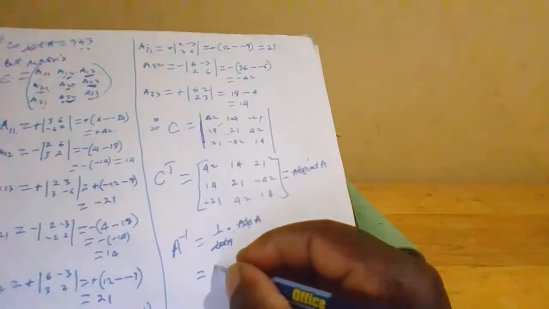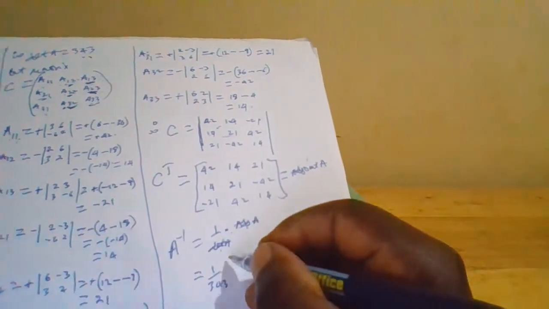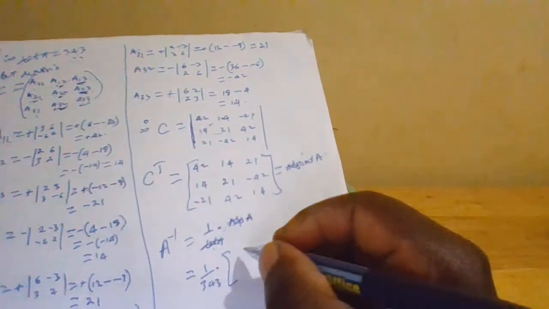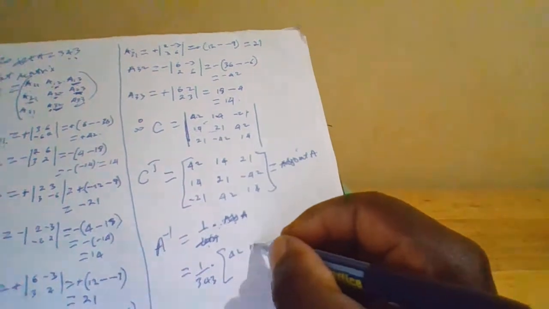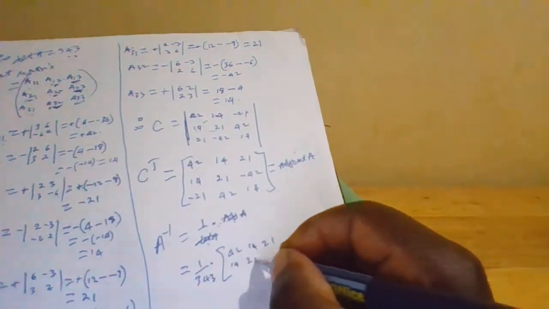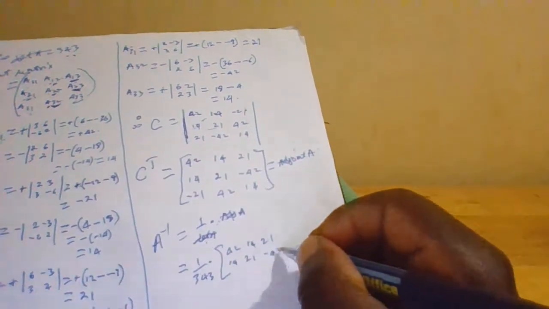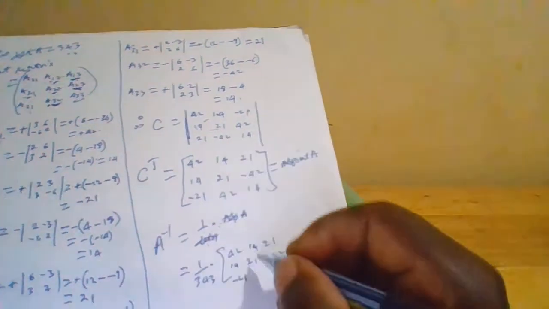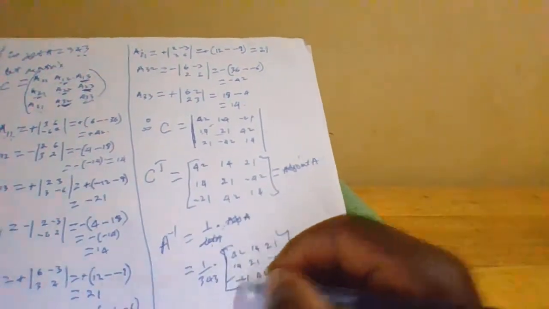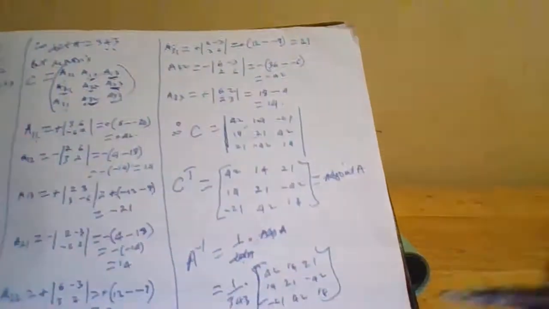Therefore, this will be 1 over 343 times the adjoint of A, which is this one, so times 42, 14, 21, 14, 21, negative 42, negative 21, 42, 14. So this is now the inverse of this matrix.